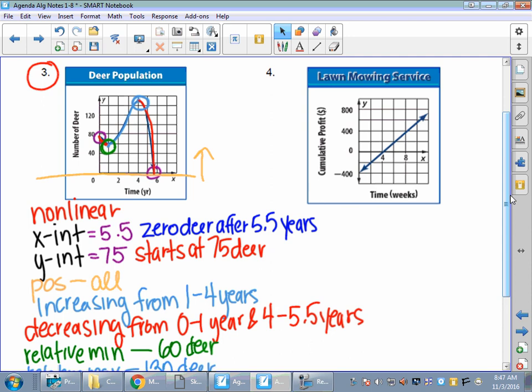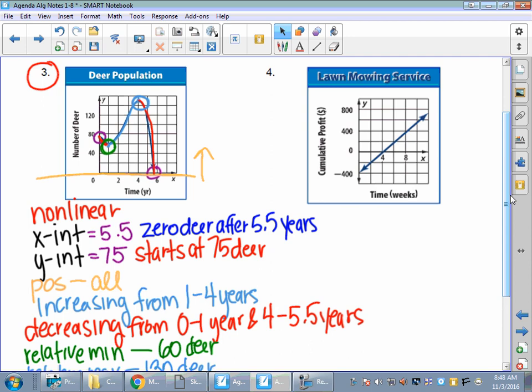And then the population started falling again and hit 0 deer at 5.5 years. So there's my description. And I know people don't like that part because there's a lot of writing, but you've really looked at the graph and picked all that information out already. So you already know what that looks like.